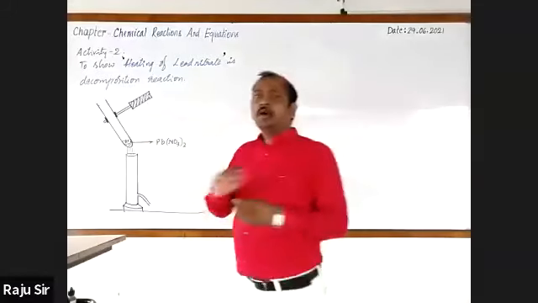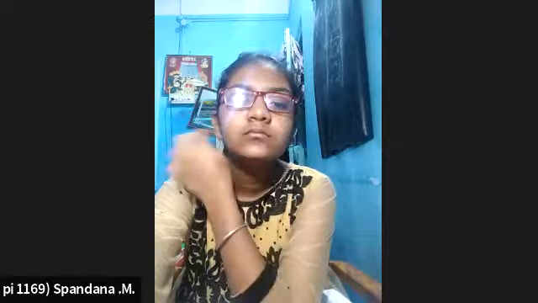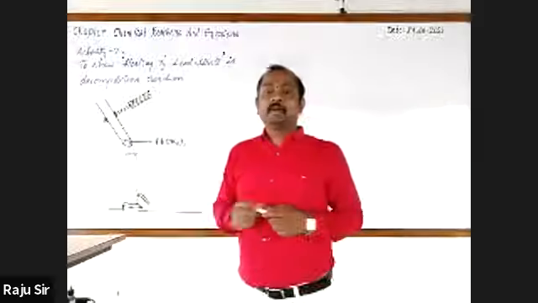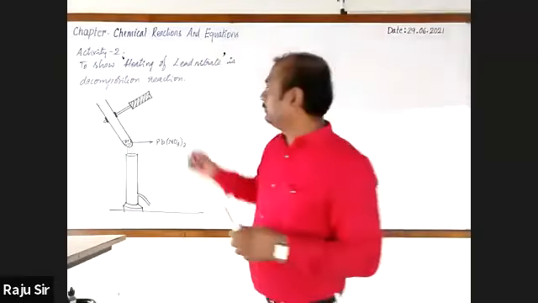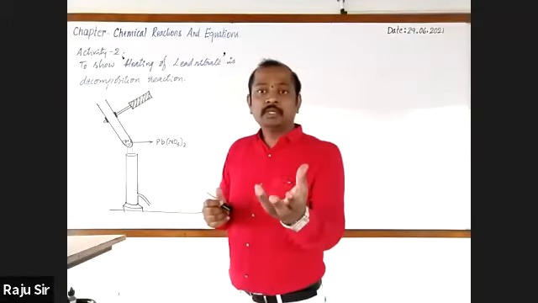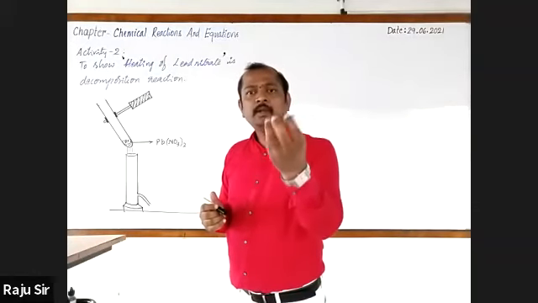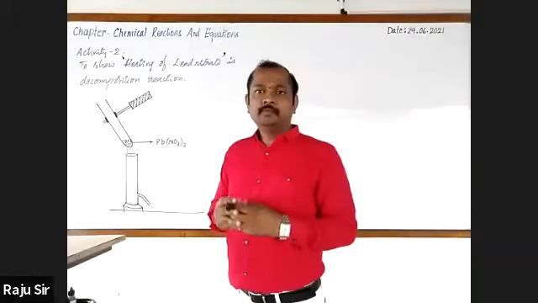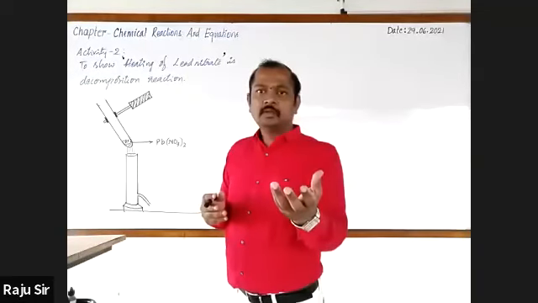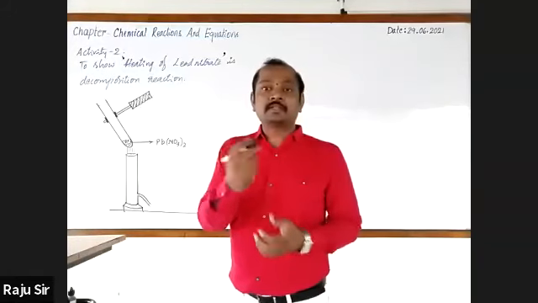Then when all the brown fumes are completed, take a lighted matchstick and bring it near the mouth of the test tube. You'll notice that this lighted matchstick burns still brighter. If it is burning brighter, it means it is obtaining additional oxygen.